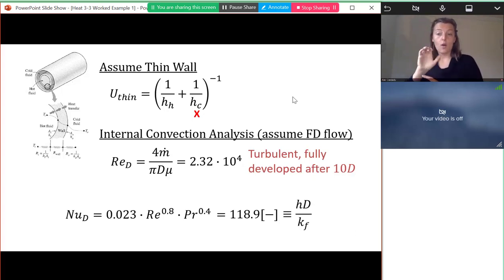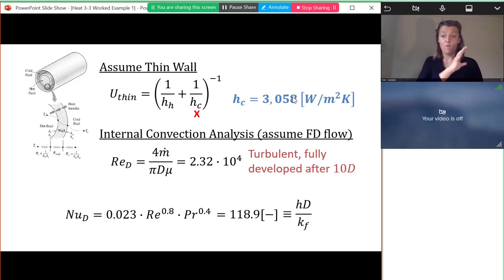I remember that the definition of Nusselt number is the heat transfer coefficient multiplied by the diameter of the tube divided by the thermal conductivity of the fluid. I looked up the thermal conductivity as well, but if I didn't have the foresight, I could just look that up now.